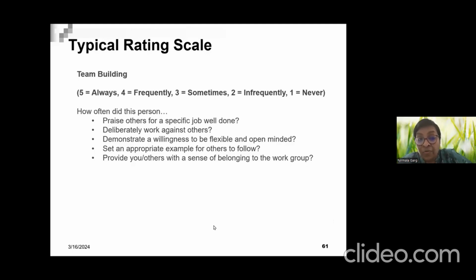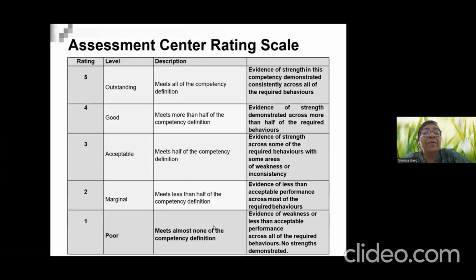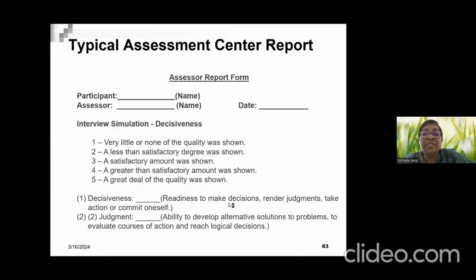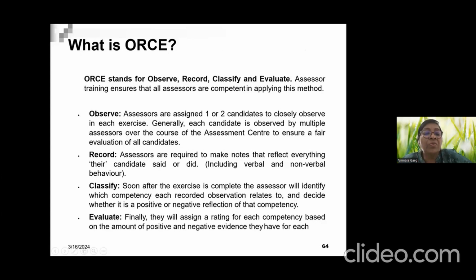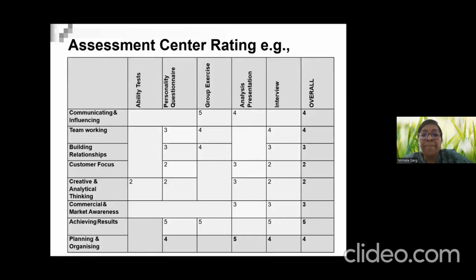This is a small recording sheet where you have 1, 2, 3, 4, 5, and just like in performance management, you have poor, marginal, acceptable, good, outstanding, and then descriptors for them. This is how an assessment report form looks, where 1, 2, 3, 5 represent what the behaviors are. So as I said, observe, record, classify.